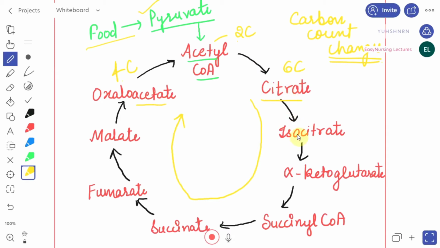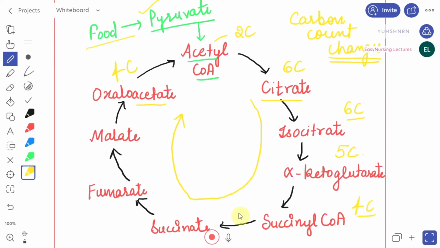Now isocitrate is just another copy of citrate. Okay, it is also 6 carbon. When isocitrate converts into alpha ketoglutarate, it will lose 1 carbon. It will form 5 carbons. And when alpha ketoglutarate forms succinyl CoA, it will lose another carbon and then it becomes 4 carbon.